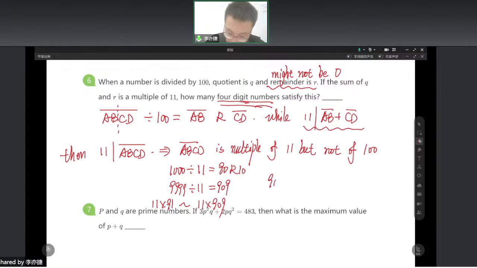It's 909 minus 91 plus 1, so there are 819. But we should remove 1100, 2200, 3300 and so on, which are 9 numbers that are multiples of 100. So minus 9, the answer is 810. If R can be 0, we just add this 9 back.